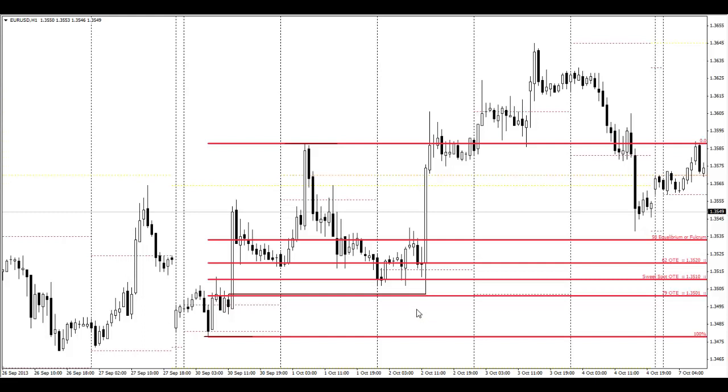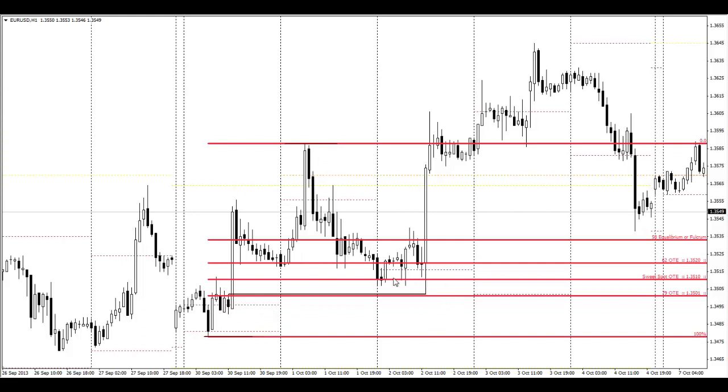So we have price coming down, touching that hourly order block prior to that big move here on the 30th. And then we move higher here on that Tuesday, and then we have that market receding down.